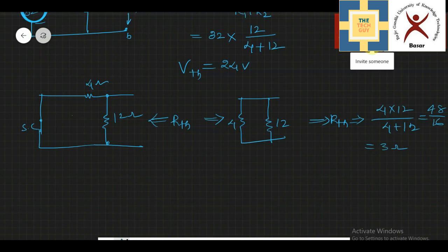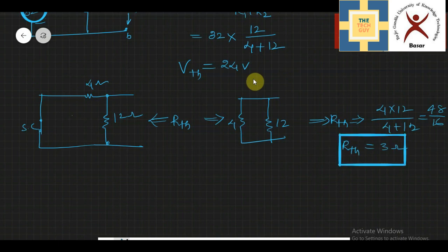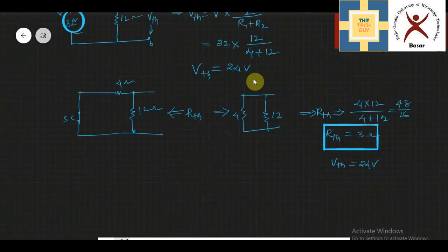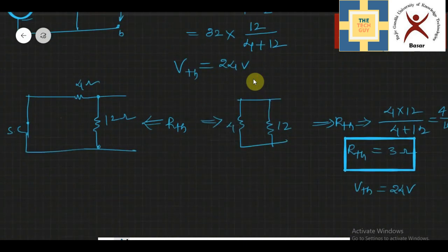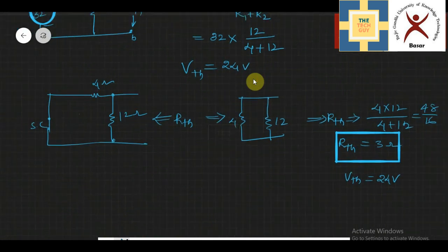So we have obtained our Thevenin's resistance as 3 ohms, and VTH as 24 volts.